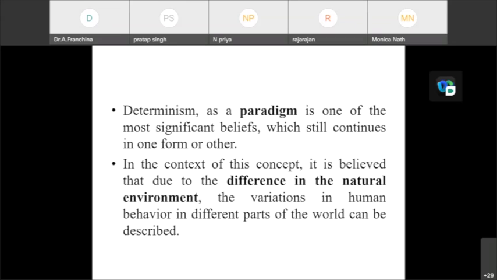So the entire earth is not uniformly spread. Based on the latitudinal extension we have differences, so the variation of human behavior also will vary. Polar region people cannot sustain in the tropical region, and tropical people cannot live in the polar region. So according to the physical environment, humans should adapt.